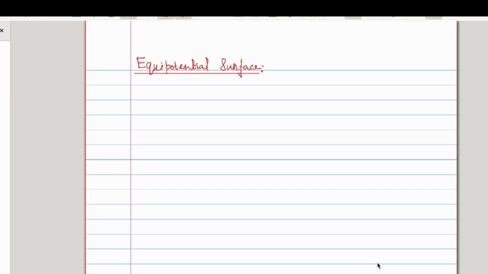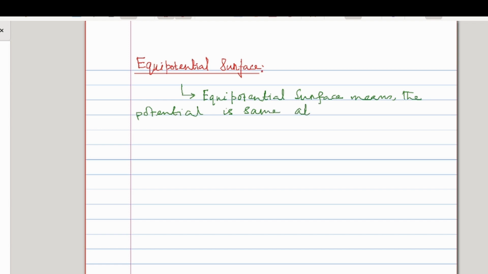So the next concept is what? Equipotential surface. So what is actually an equipotential surface? Equipotential surface means the potential is the same at every point on the surface.